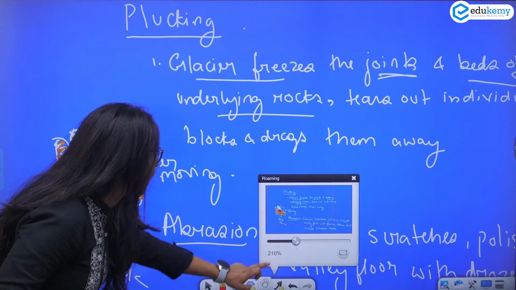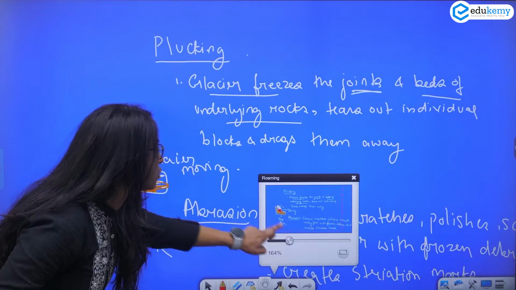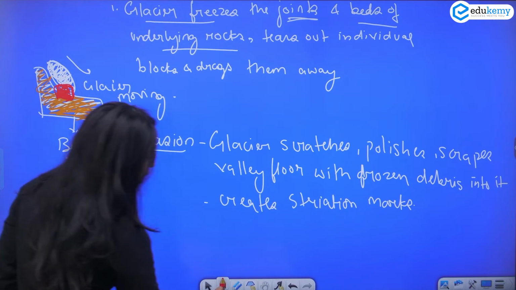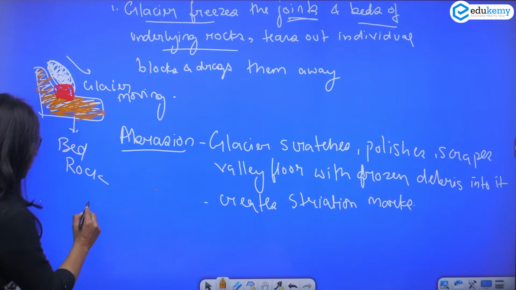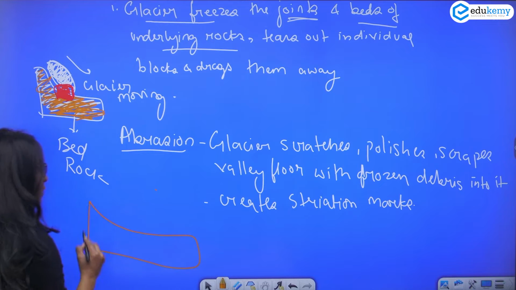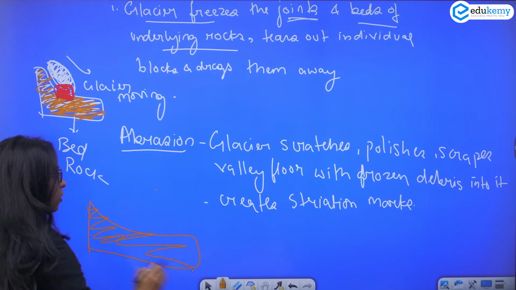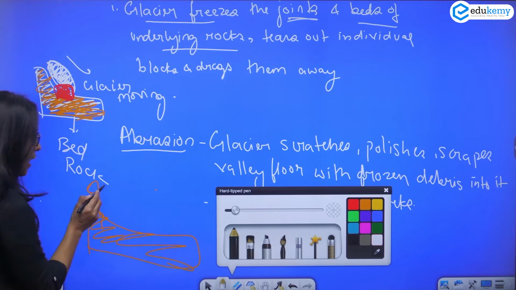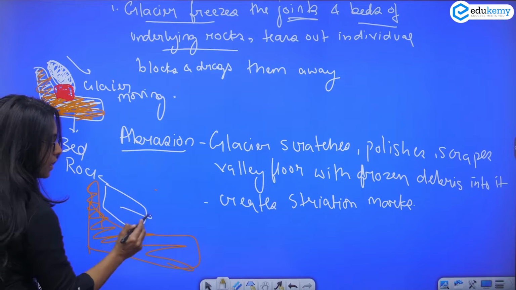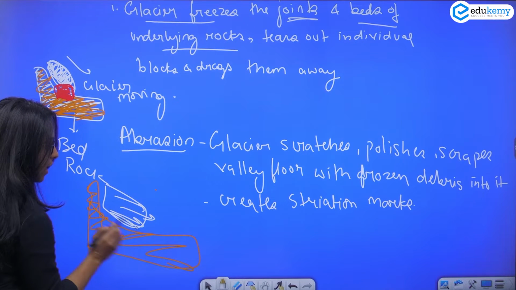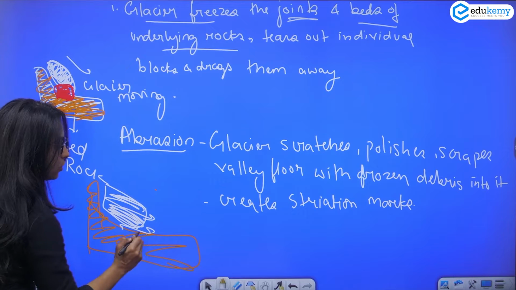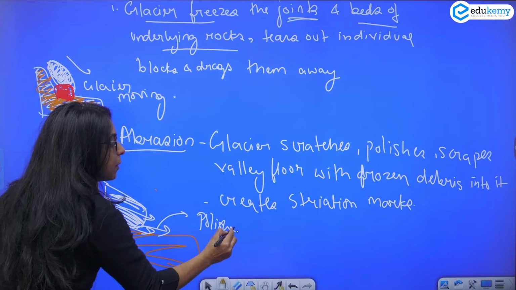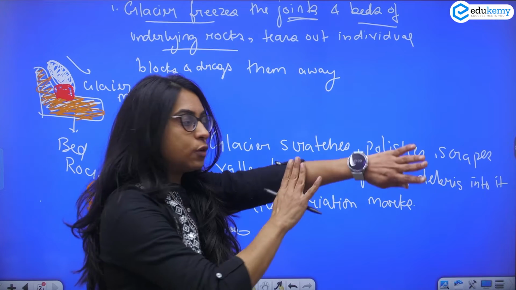What happens in abrasion is that the glacier will scratch, polish, and scrape the bedrock. If this is the bedrock, then as the glacier moves, it will polish it like sandpaper. When we take a piece of furniture, we polish it.